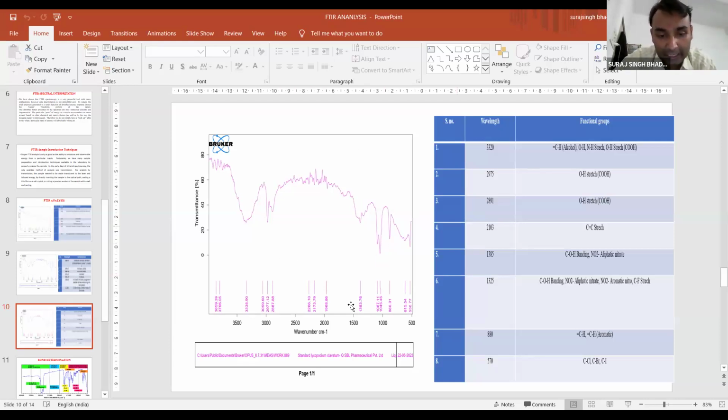Now in this particular analysis you can see, suppose at 3320, there is an alcohol group, there is OH stretching bond, there is a carboxyl group. Around 2000 it is a C triple bond C stretching, so it is a carbon-carbon bond. So generally, this is another type of conjugation between two same or similar atoms.